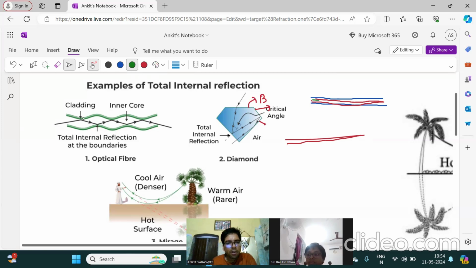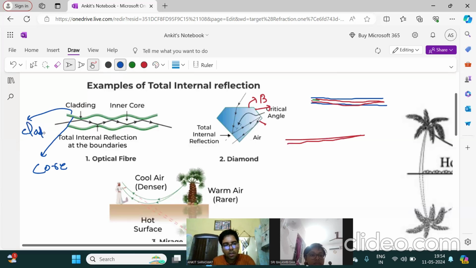The outer layer is cladding. Forget what is cladding and these things, it is not in your syllabus. Simply understand the meaning of that. In this optical fiber, light enters at the core. This inner layer is core. Clear? And the outer layer is cladding.